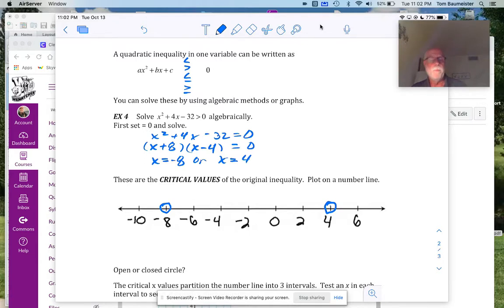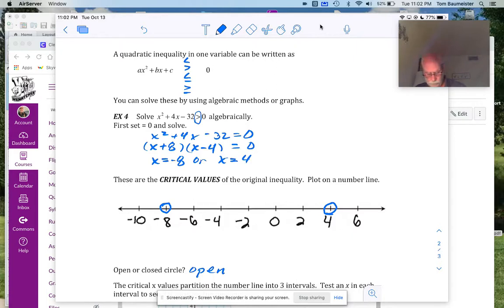I've left them open, but we could close them if I need to. What would tell us to close them is if this were greater than or equal to. Since it is just greater than, both of them have to stay open. So our answer here is open.